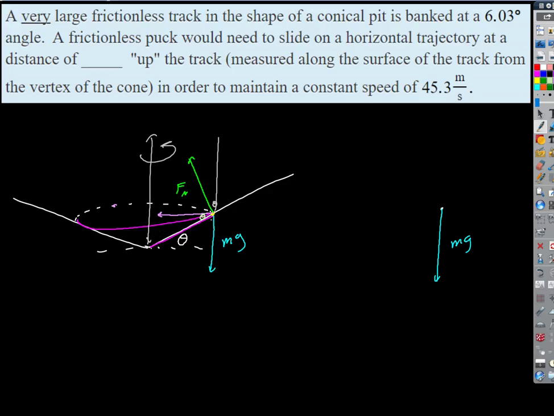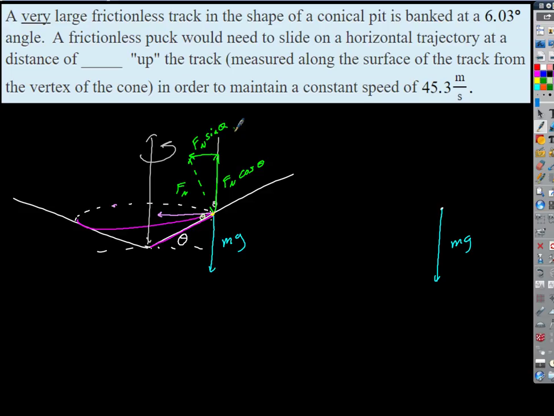Then does everybody agree that if I want to break up the normal force into components, because that's the only other force acting, it's going to be broken up into this vertical component, which is going to be normal force times cosine theta, and that horizontal, centripetal component, which is opposite, so that's going to be normal force sine theta, right?